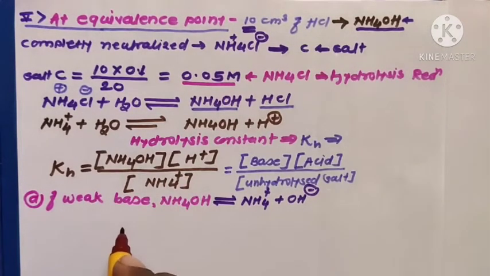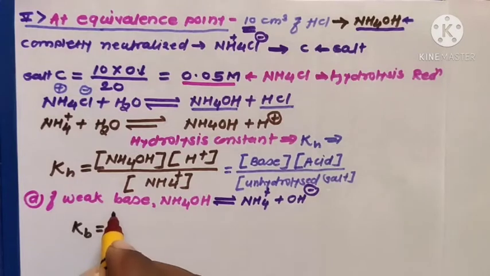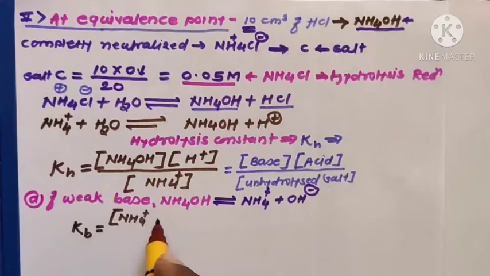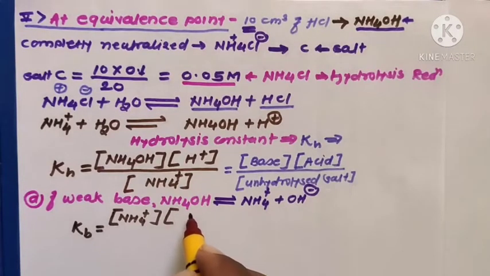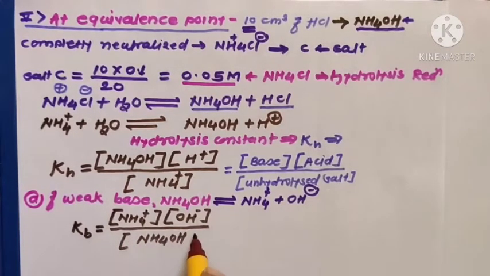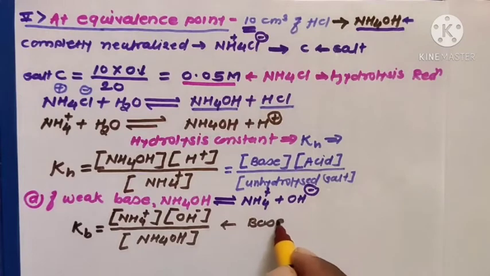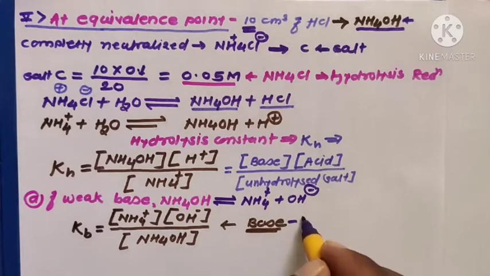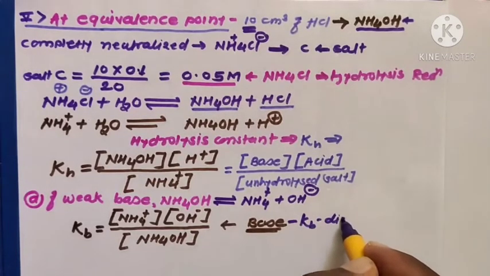Therefore, the dissociation constant Kb is equal to the concentration of NH4+ ion into the concentration of OH- ion, divided by the concentration of NH4OH. Kb is the dissociation constant of the base.